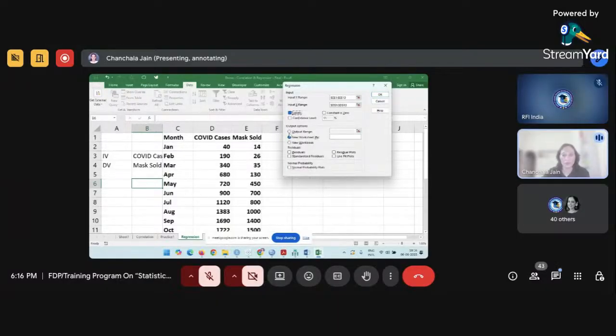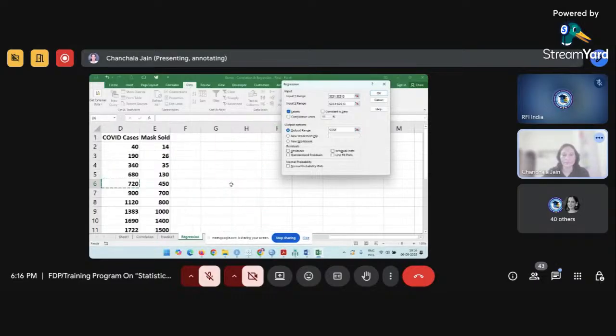Output I want to generate here only. And then going down, if you perform only what we did and click on OK, even then you can get the output of the regression, right? Now, if you want to test the assumptions, you can select these three check boxes: residuals, residual plot, and line fit plots. Done.